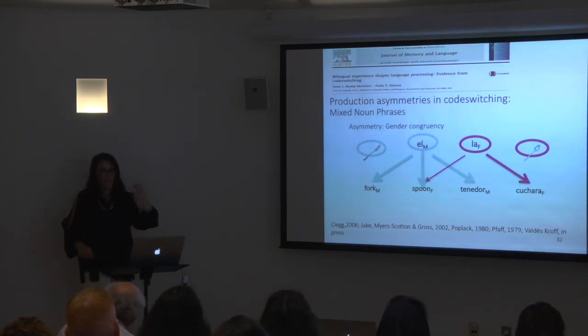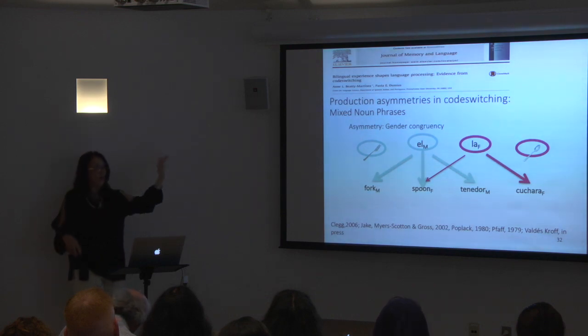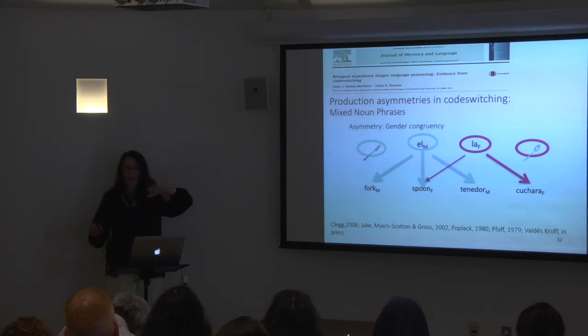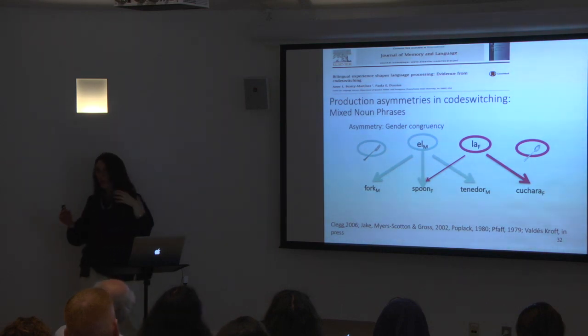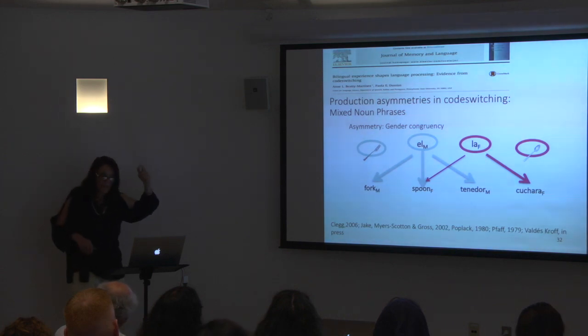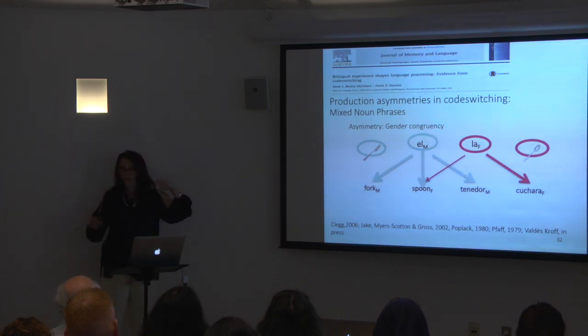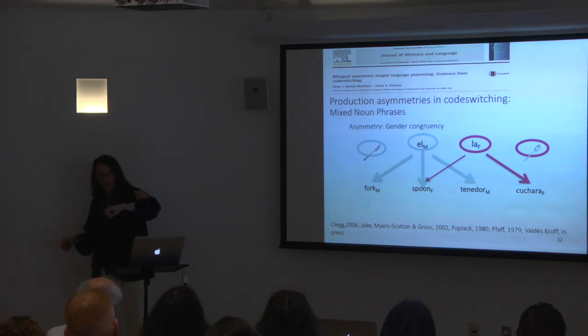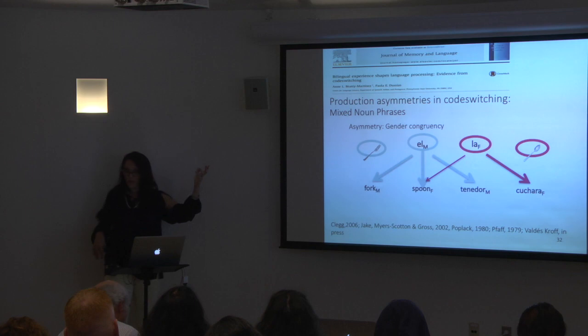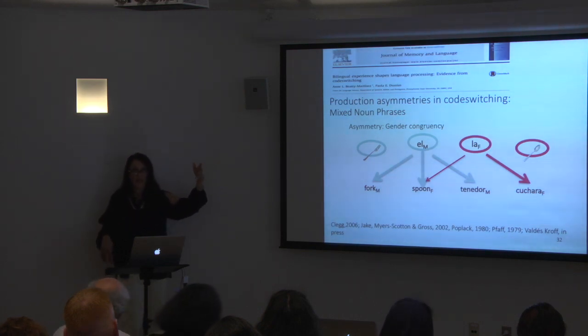And we wanted to see what the brain responses were when bilinguals who code switch were exposed to the things that they do, and when bilinguals who don't code switch were exposed to things that they don't do.